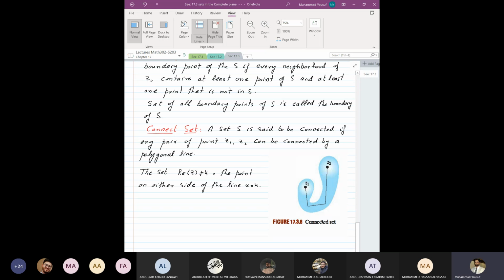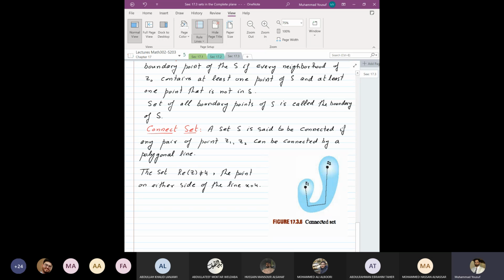So there is a cut at x equal to 4. If we take one point which has a real part bigger than 4 and one point which has real part less than 4, then we cannot connect them.